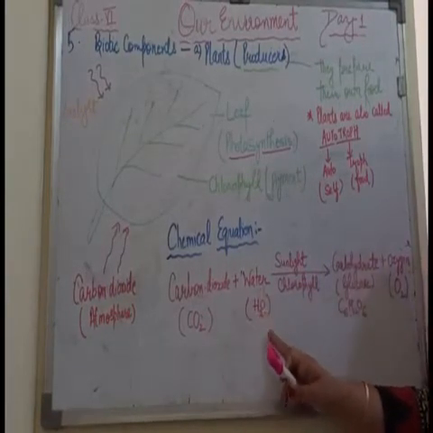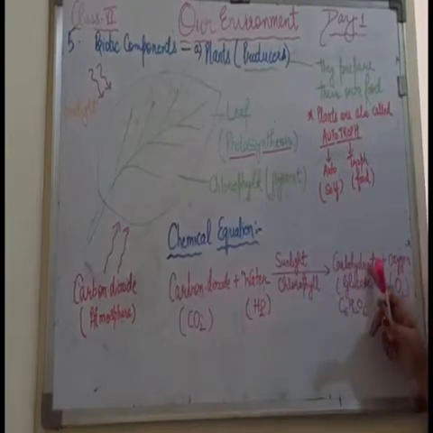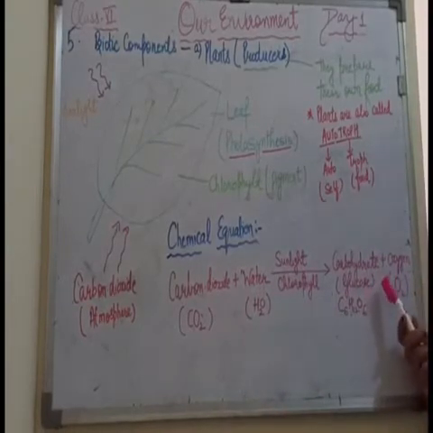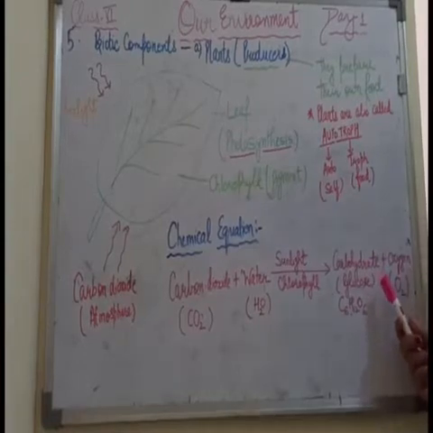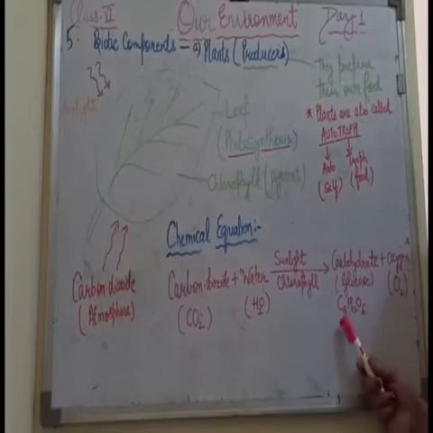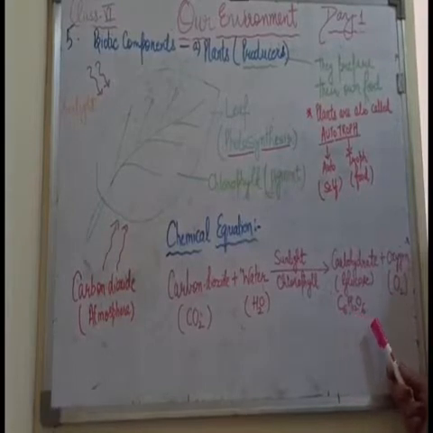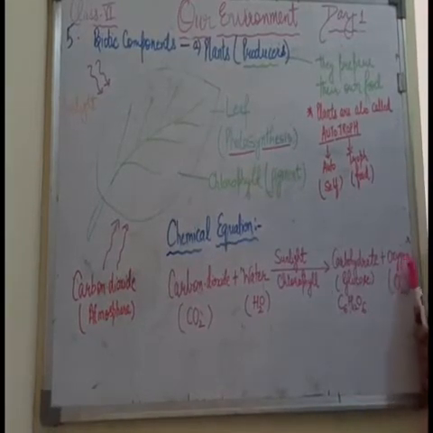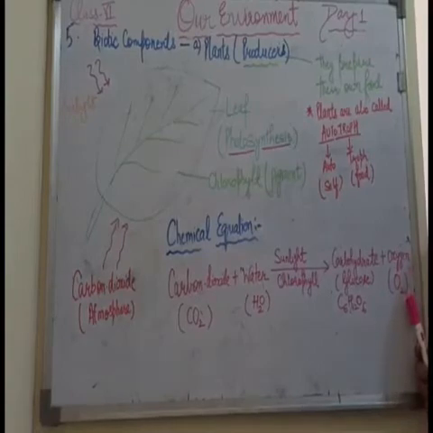Water, H2O. Here is the carbohydrate. The food that the plant obtained is glucose, and the symbol of glucose is C6H12O6. Then there is oxygen, O2.